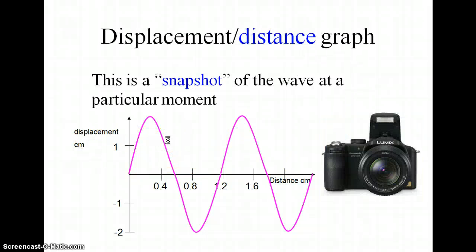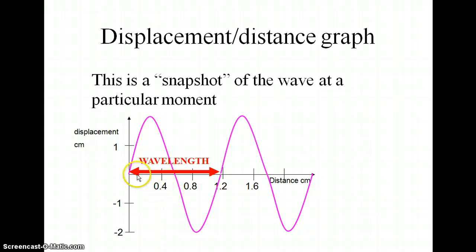Okay, the other way we can represent a wave is a displacement distance graph. Now you can sort of imagine this is like a snapshot of the wave, but again, the displacement here tells us the displacement at different distances, but it doesn't tell us whether the displacement is parallel or perpendicular.